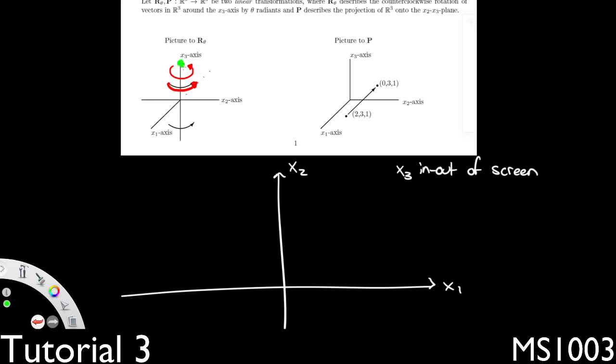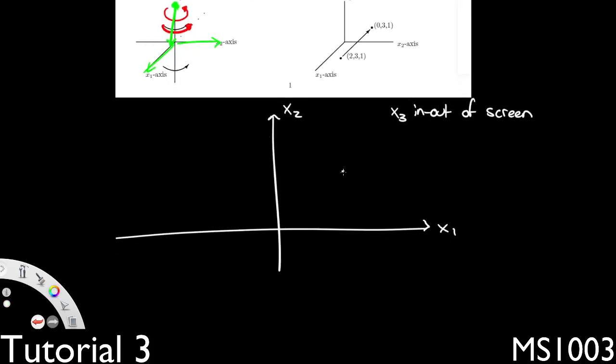Now you're on top of this pole here, looking down at the x2 and x1 plane. And what happens is, if I have a random point in my x1 and x2 plane here, and I rotate around the x3 axis, and I rotate like this, what our theta does, I just rotate around, right? If I rotate by 360 degrees, I'm going to go all the way around and back to where I am.